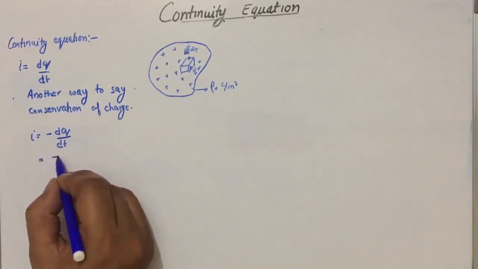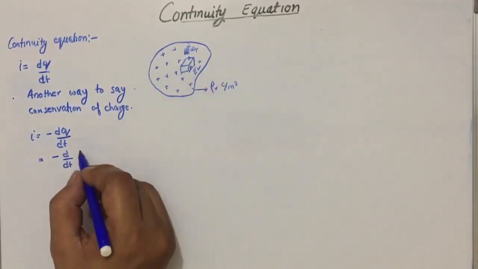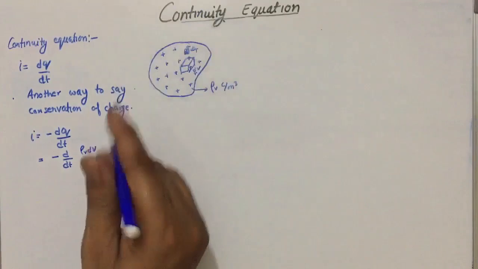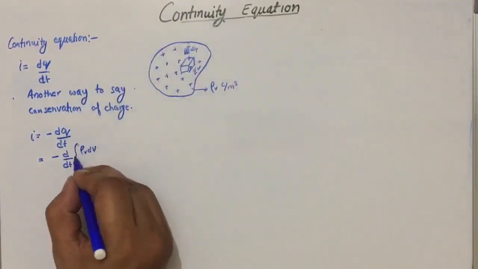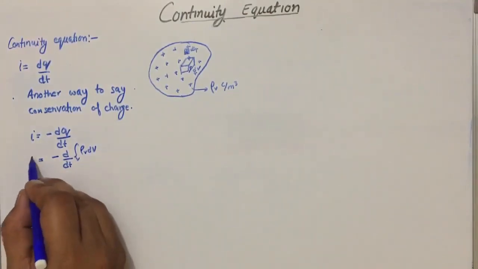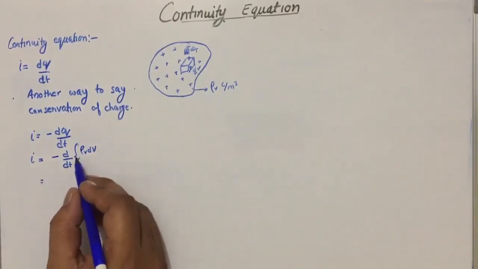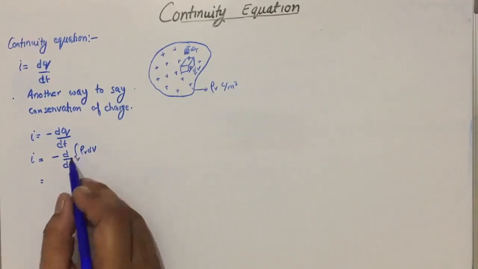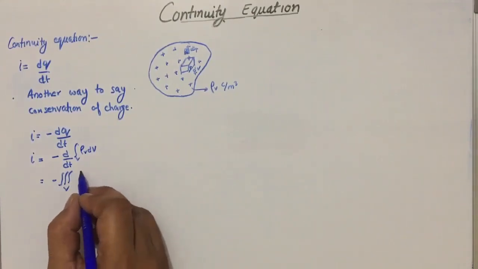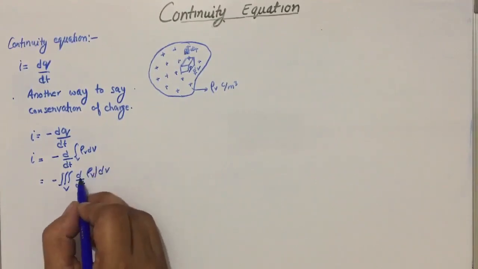So we can write d over dt of Q. For this differential volume Q can be written as rho v dv, and for the full volume it can be written as a volume integral. This is the current. It can be further written as, this is a simple operator, so we can take it inside as well. So we take the volume integral outside, d over dt rho v dv.